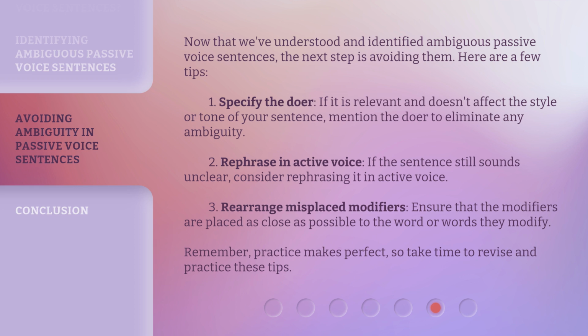If the sentence still sounds unclear, consider rephrasing it in active voice. 3. Rearrange misplaced modifiers. Ensure that the modifiers are placed as close as possible to the word or words they modify. Remember, practice makes perfect, so take time to revise and practice these tips.